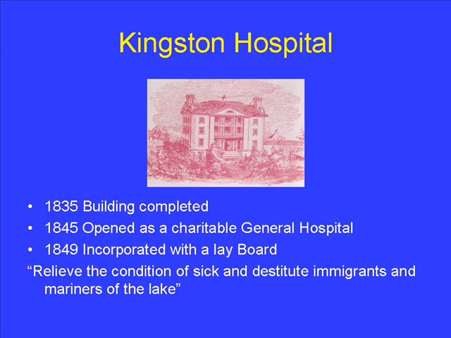And again, its purpose was to relieve the conditions of the sick and destitute immigrants and the mariners of the lake. In other words, at this point in time, what Kingston had was what most communities in the Western world had. It had a philanthropic hospital for the care of the poor and the indigent, but it did not have an active treatment hospital.